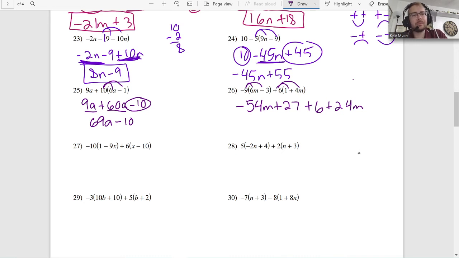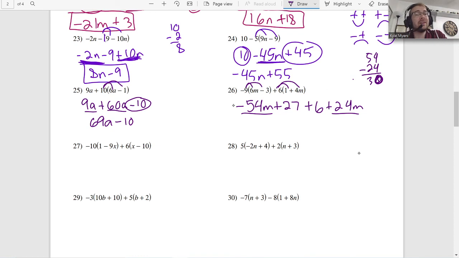With an m. Okay, so we've got two m's. The signs are different, so I subtract. It's going to be 54 minus 24. Remember, always subtract the big minus the little. 54 minus 24 is 30. But I had to change the signs that time.